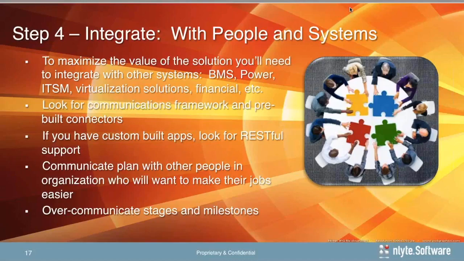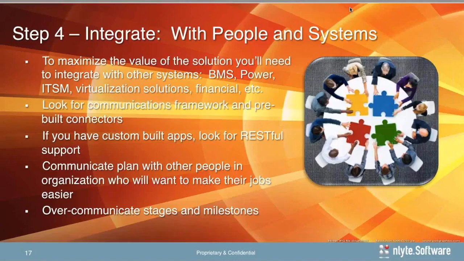And then you want to communicate the plan with other people in the organization that you're going to make their jobs easier. If they have the most current information, they don't have to do manual reconciliation, that things are automatically synchronizing, they'll back the project. They'll be more engaged if you're going to help them do their jobs more easily, right? This is sort of project management 101, but you want to communicate to them.